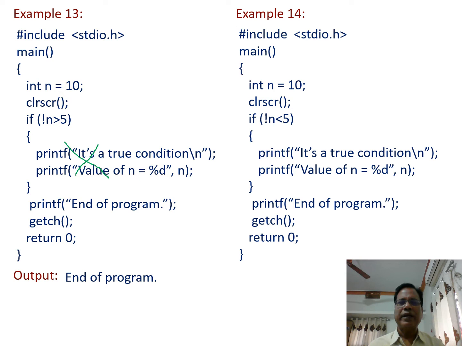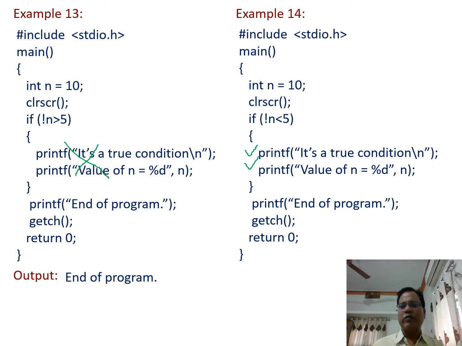Now if we take the next example, that is example number 40. In this case, n less than 5. n less than 5 is false, but when it is negated that becomes true. So the condition is true. When the condition is true, the body of this loop gets executed and we get at the output: it's a true condition.